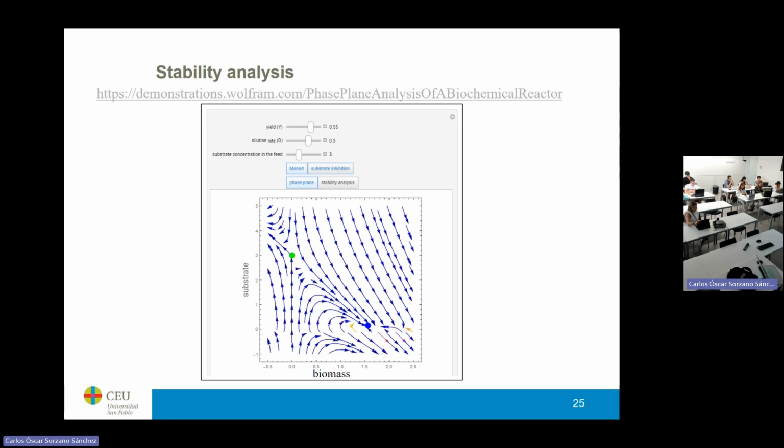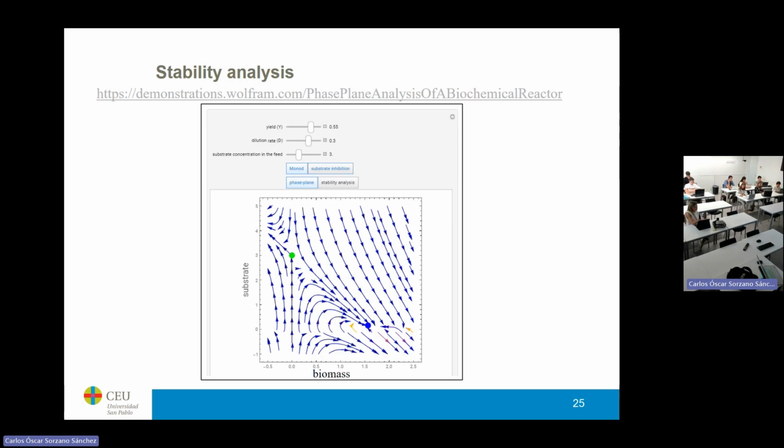So I find a point such that the gradient of the state at that point is 0. So if I reach that point, what will happen? It will not move anymore.